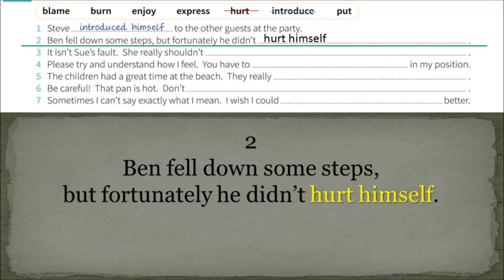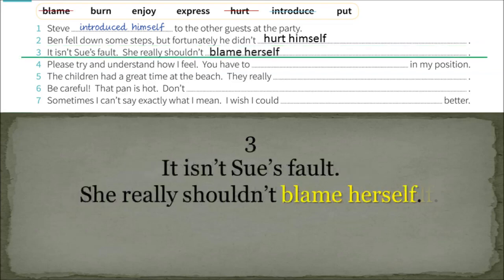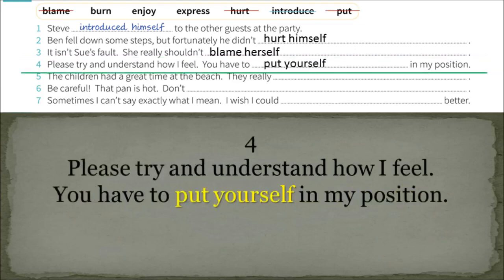Ben fell down some steps, but fortunately he didn't hurt himself. It isn't Sue's fault. She really shouldn't blame herself. Please try and understand how I feel. You have to put yourself in my position.